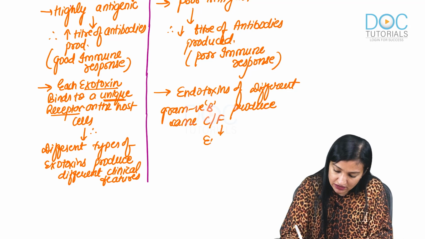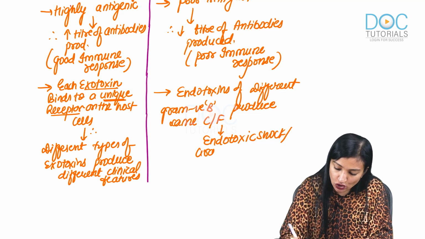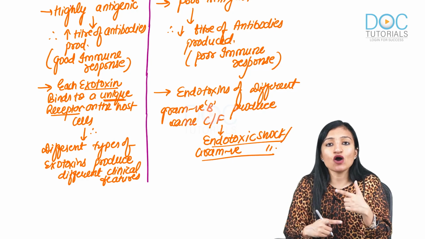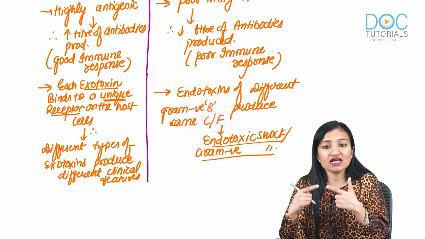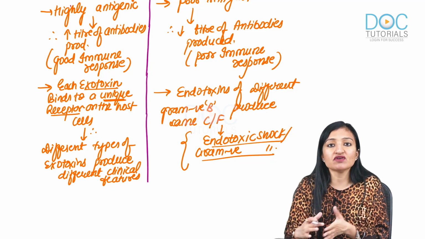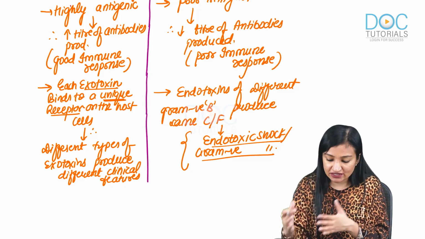That is a generic term we use for these clinical features: endotoxic shock or gram-negative shock. Remember that chart which I have discussed, how macrophages, complement, tissue factor are activated. All those are the signs and symptoms like fever, hypotension, edema, neutrophil chemotaxis, etc., which we have discussed before.